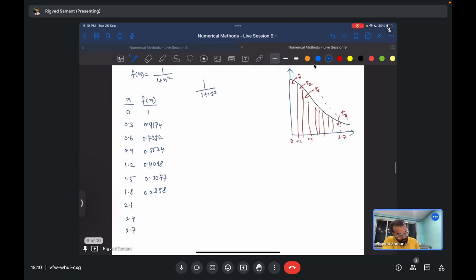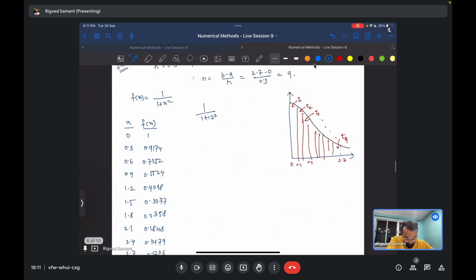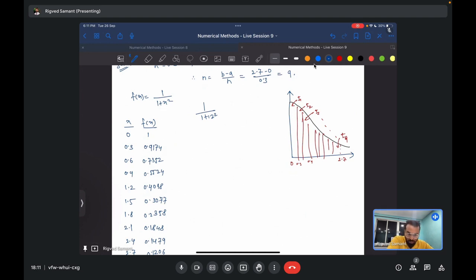For 2.1 it is 0.1848. For 2.4 it is 0.1479, and for 2.7 it is 0.1206. So I have taken the interval endpoints, substituted them into the function and got the function values.